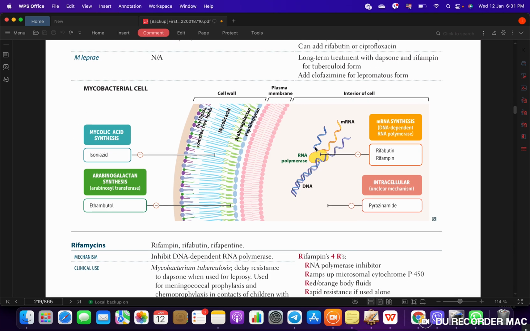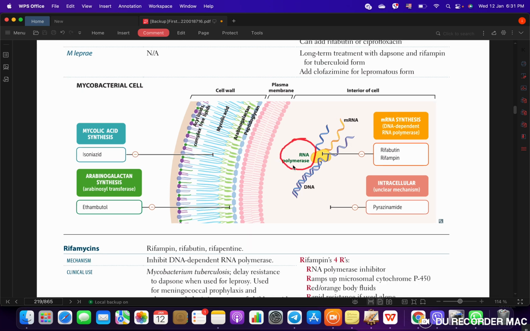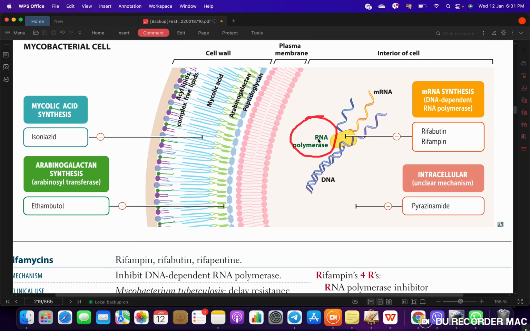The next one is the mycobacterial cell. We saw what it looks like. Now let's speak about more things. RNA polymerase. What is the function of RNA polymerase? To convert what to what? Yes, absolutely.